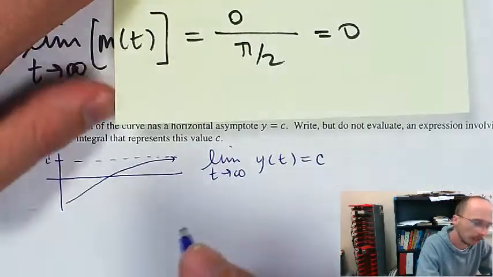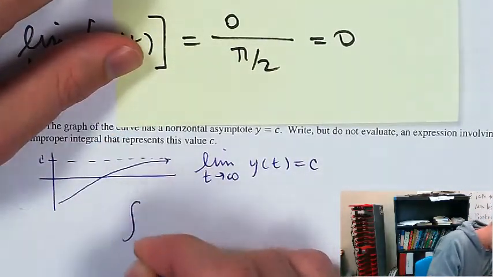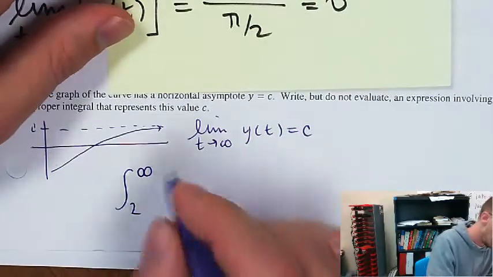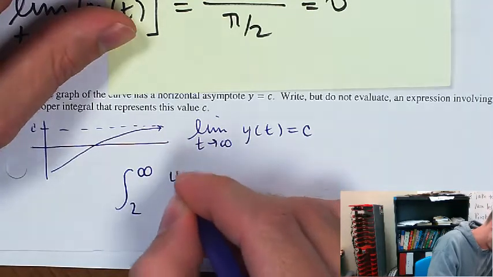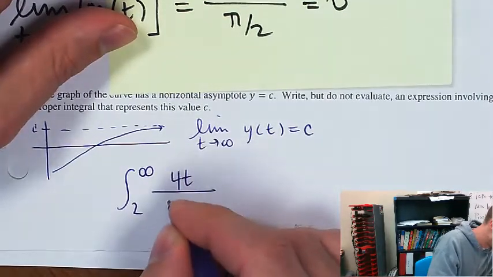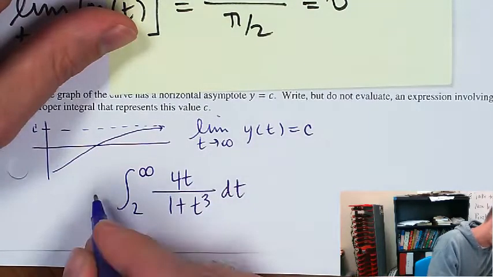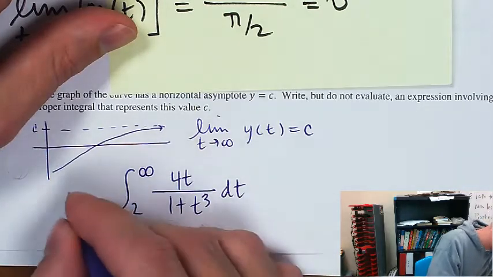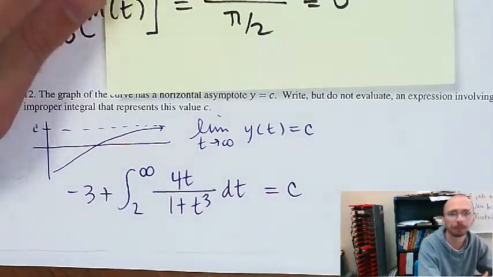So I'm going to say that this is the integral to infinity of dy dt, which was 4t over 1 plus t to the third dt. But there was an initial condition at time 2, the y coordinate was -3. And that's going to be equal to c.